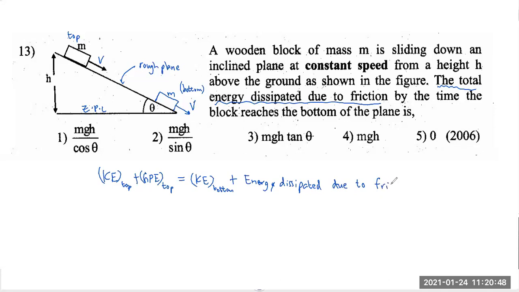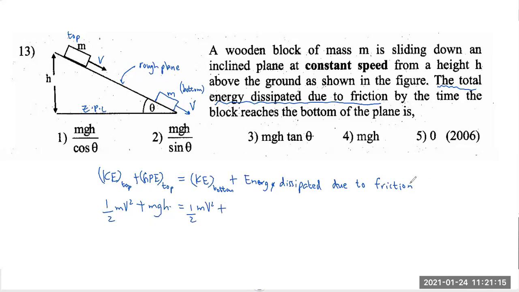Initially at the top, we have both potential energy and kinetic energy. At the bottom, we have only kinetic energy as the remaining mechanical energy. So there was an additional energy, and that energy is the energy which was lost. Kinetic energy at the top is half mv squared. Potential energy at the top is mgh. And the kinetic energy at the bottom is also half mv squared because it's the same speed.